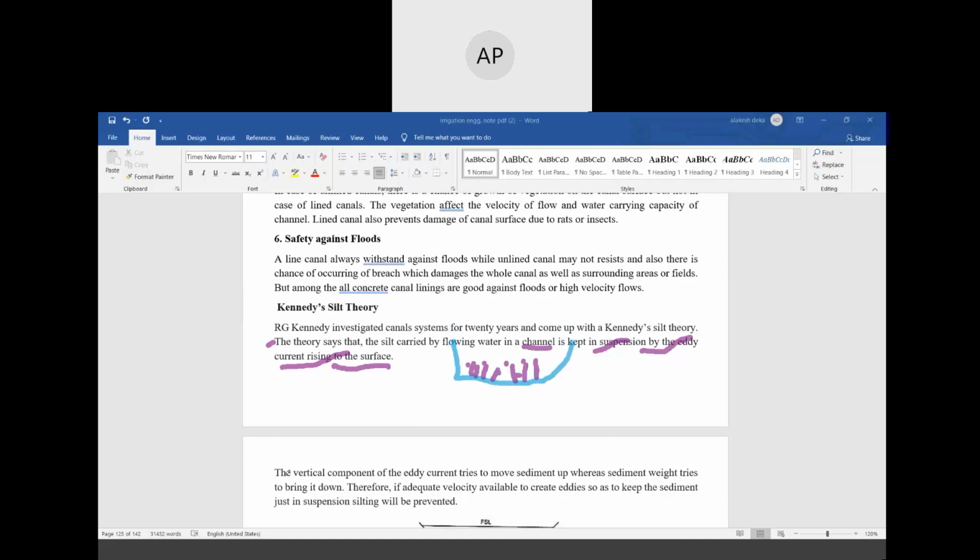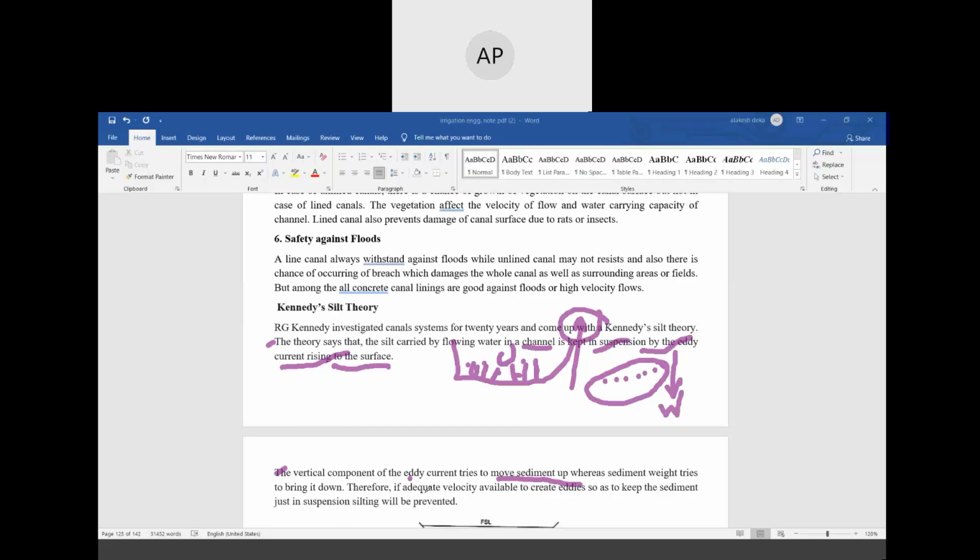The vertical component of the eddy current tries to move the sediment up, in the upward direction. Whereas the sediment weight tries to bring it down, because there will be some self weight of the sediment particle, isn't it? So that will oppose the eddy current. This weight of the sediment tries to bring it down.